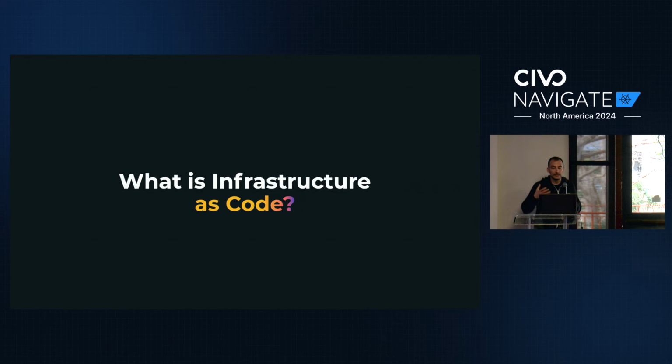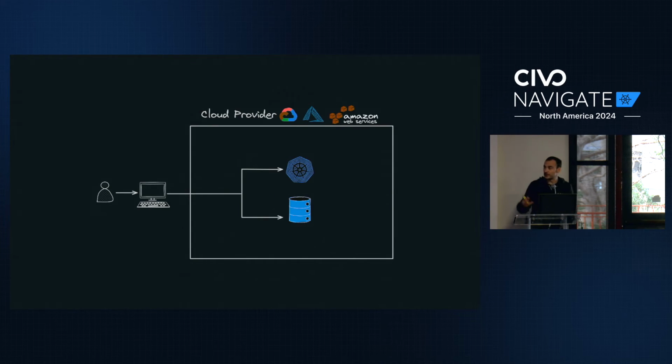So let me talk a little bit about infrastructure as code. I will go quickly through this for everybody who's not using infrastructure as code to say, okay, what are we trying to achieve here? So we saw a little bit with Nuno, everything can start here with an approach where a single person works on his computer.